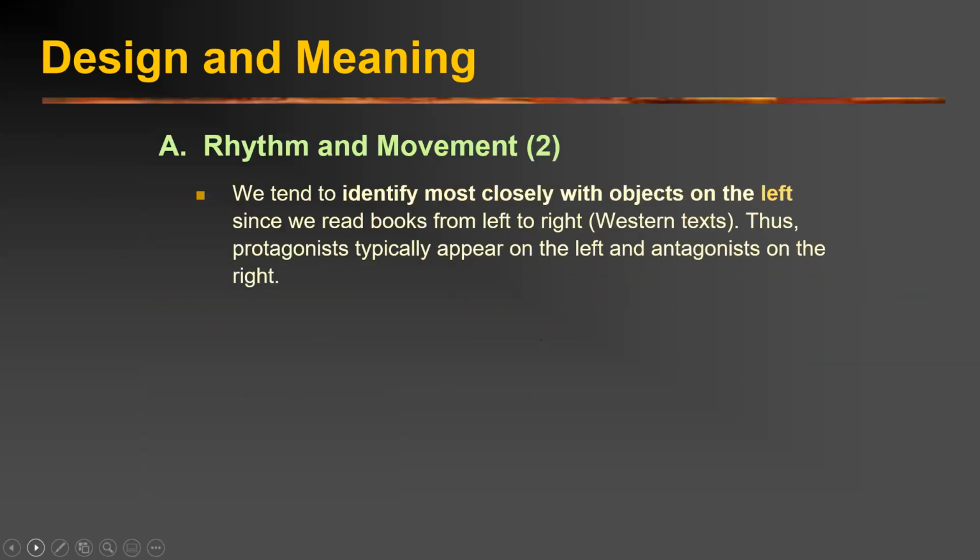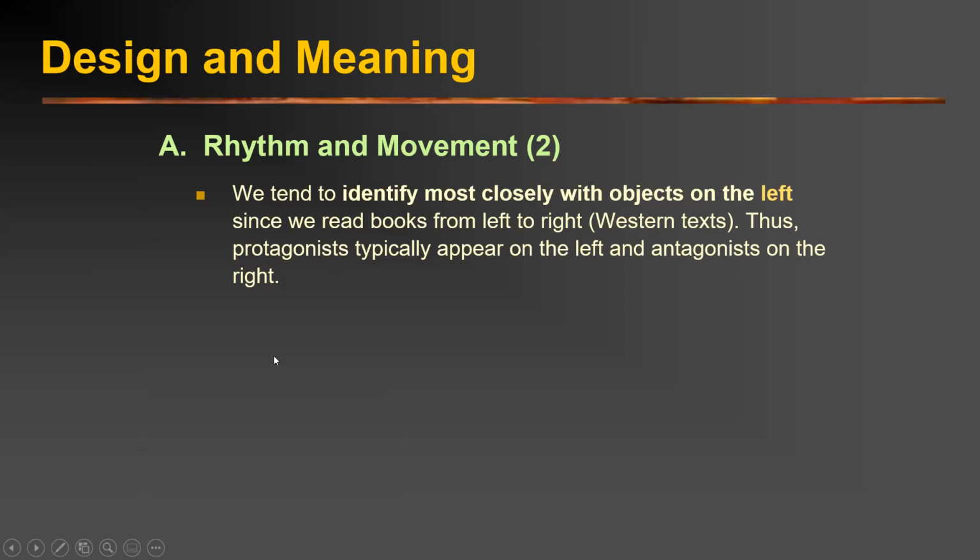And rhythm and movement still, we tend to identify most closely with objects on the left since we read books from left to right. Thus, protagonists typically appear on the left and antagonists on the right. Okay?